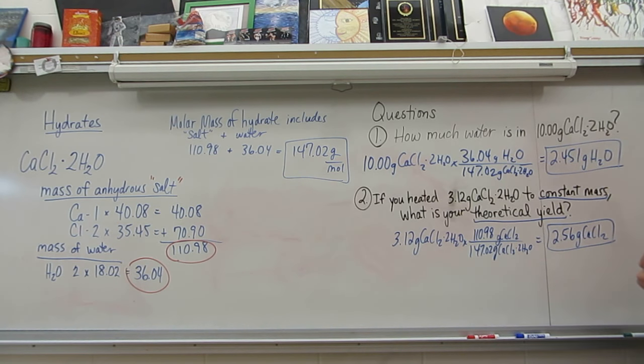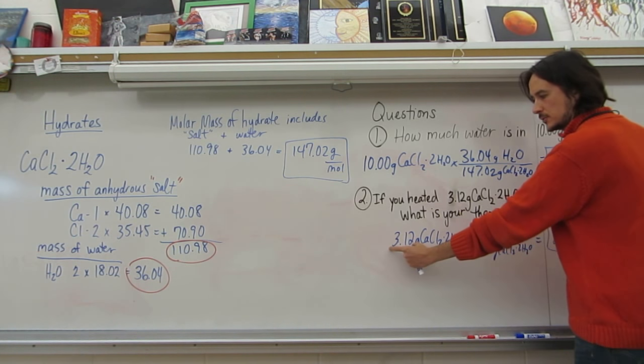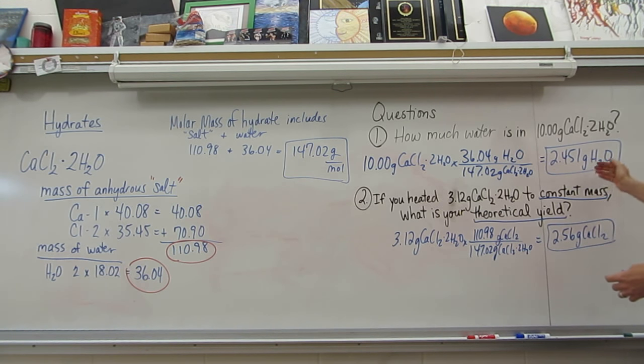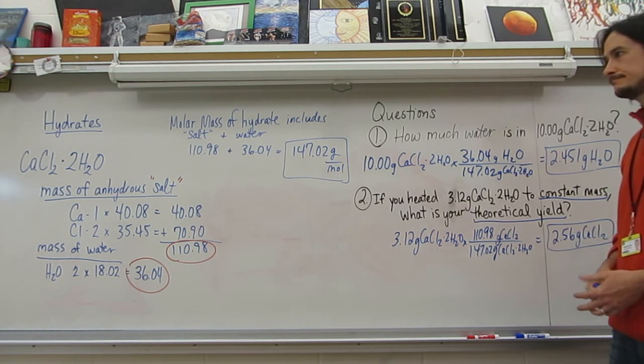So not only do we know the mass we'd expect, there's the constant mass, 2.56 grams. Should be 3 sig figs, because we started off with 3 sig figs. We know the mass, but we also know the formula, right? It's the same formula, just without the water. So this is your anhydrous salt. There's your water. Those are hydrates.